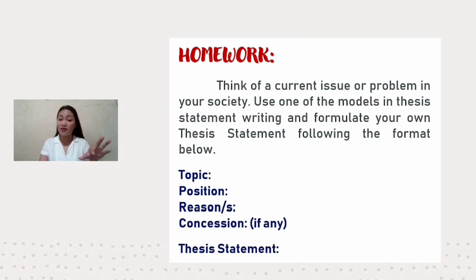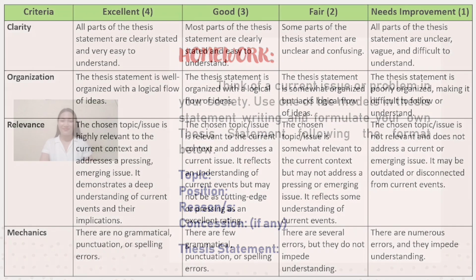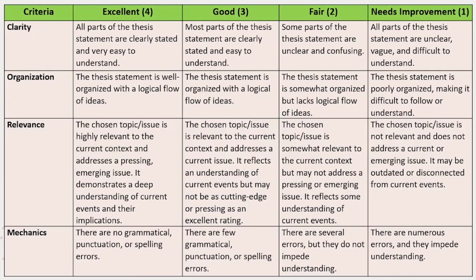And of course, after that, write the formulated thesis statement using the different thesis statement writing models. For your writing activity, here are the criteria in scoring. We have clarity, organization, relevance, and mechanics.